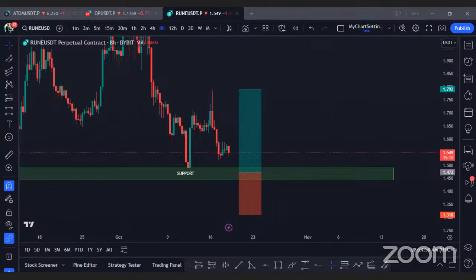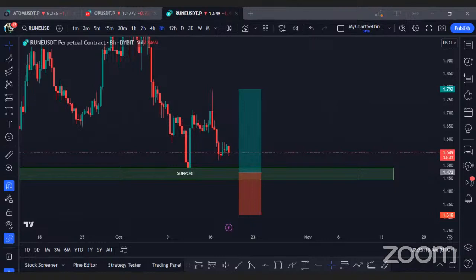Change it to isolated, and then I want to use 10x leverage so that I'll be able to stay longer in the market. You are at liberty to use whatever leverage you want, but remember that the higher the leverage, the higher your losses.